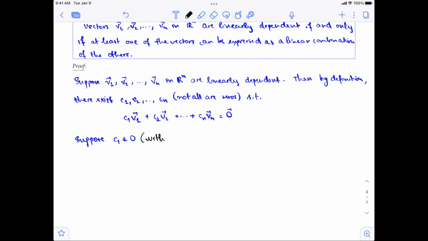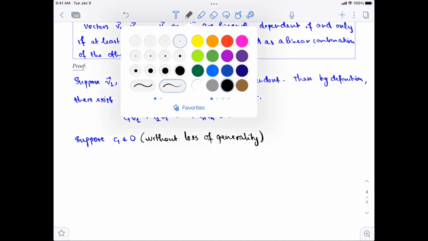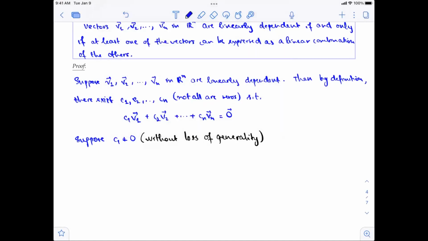In mathematics, you have a term or a statement, without loss of generality, because we can make these assumptions for C2, right? You can let C2 be different from zero. You can set C3 to be different from zero. It doesn't matter, right? It's just convenient for us to prove it when you set C1 different from zero. All right, so we suppose that C1 is different from zero.